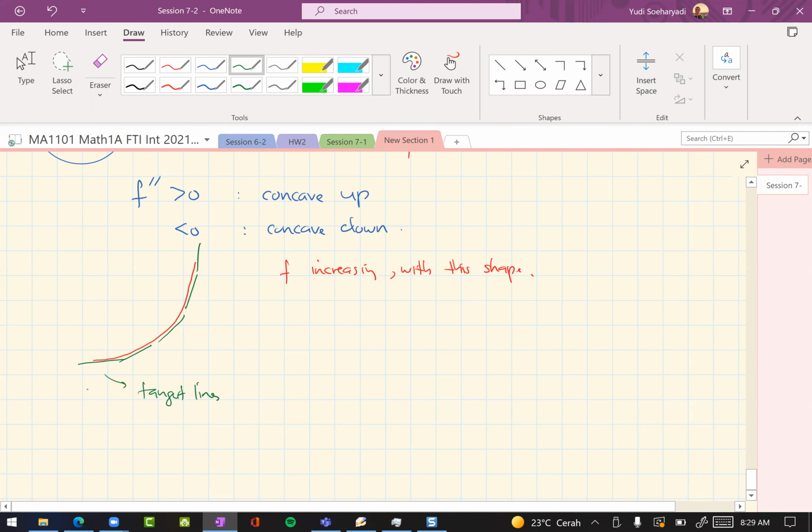Say this is slope 1/4. This is slope 1, slope 2, slope 3, slope 4. Okay, so what can you say about the slope?